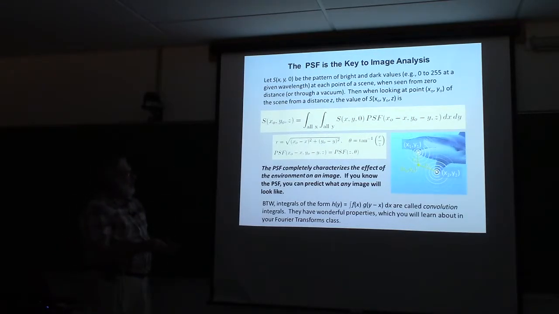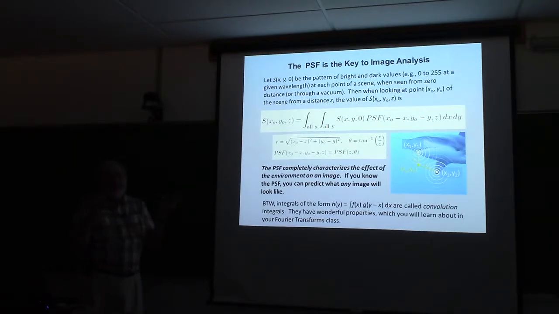So the bottom line is I can take any image, and if I know the point spread function of the medium, then I can predict what the image will look like. So if you really wanted to account for finite size, Secchi depths, and all the absorption, I think this is what you would start with. Here's my image of the Secchi depth, and here's the point spread function of the water, and I can tell you exactly what I'm going to see at every pixel in the image.